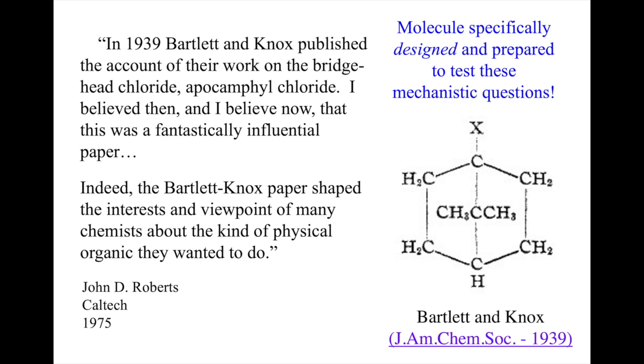Fantastically influential paper, shaped the interest and viewpoint of many chemists about what we call physical organic. Physical organic is really people that care about the mechanism and how these things happen. And again, the more we know about how they happen, the more we can improve them, and the more we can do. Okay, so this is a hugely influential paper, really elegant, super clever.